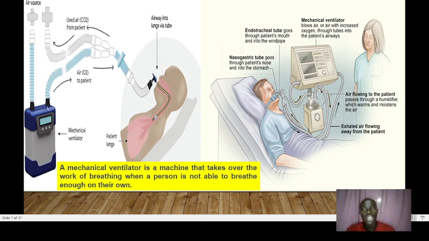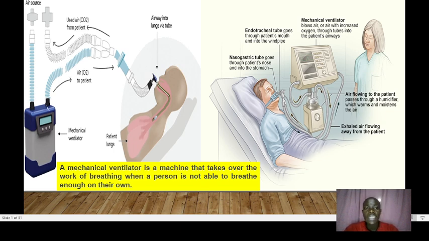In this case, you're going to have an air source where the air from the source is going to be delivered to the mechanical ventilator. Then it is the work of the mechanical ventilator to deliver this oxygen, or air enhanced with oxygen, to the patient, and this normally happens through an endotracheal tube. Normally, the endotracheal tube will go through the patient's mouth into the windpipe, while the nasogastric tube is going to go through the nose into the stomach.